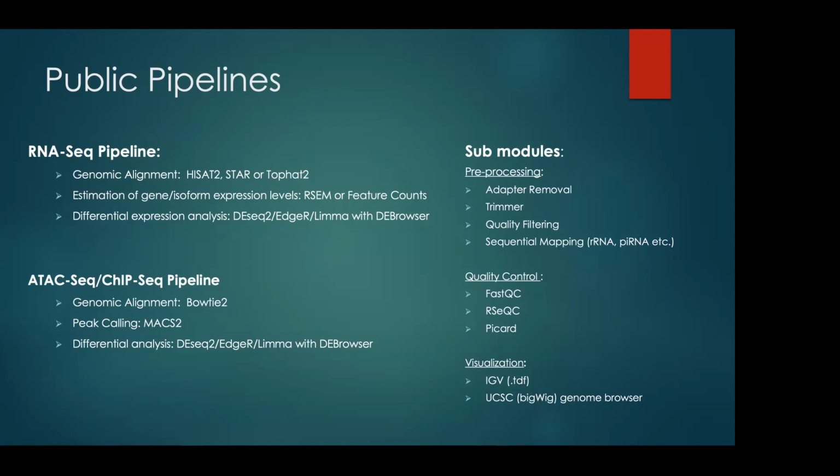It allows you to align with HISAT2, STAR, or TopHat2. STAR is enabled by default. And if you want to compare the other aligner results in the same pipeline, you can enable them as well.